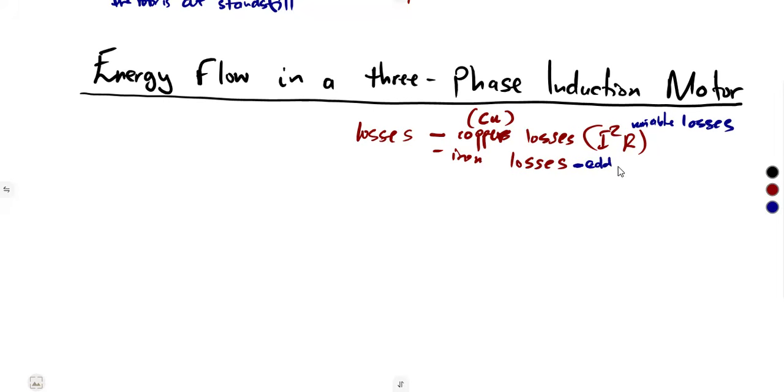The eddy current. Guys, we talked about these ones before, but let me write eddy current losses, and we also consider the hysteresis losses. So these are the ones that occur in the iron parts. These two build up the iron losses, guys.